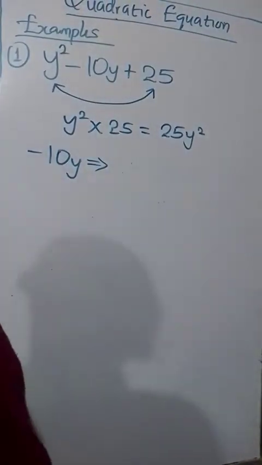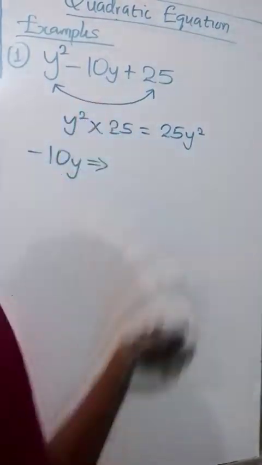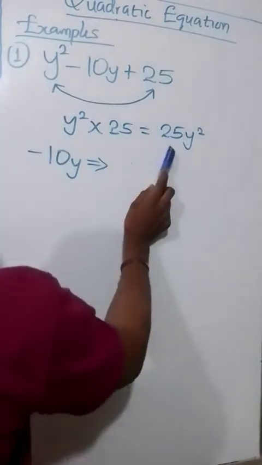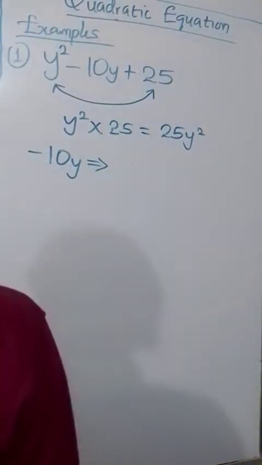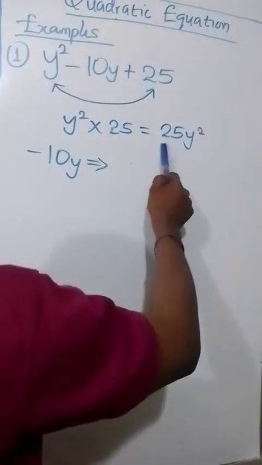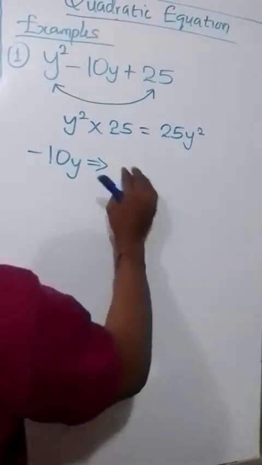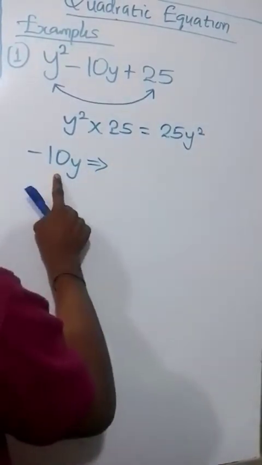So now, remember, our aim is to split minus 10y into 2. So for us to achieve that, we are going to look at our 25y squared. What are those two numbers that when we multiply together, we get 25, and when we replace the number here, removing the multiplication sign, we'll get minus 10?